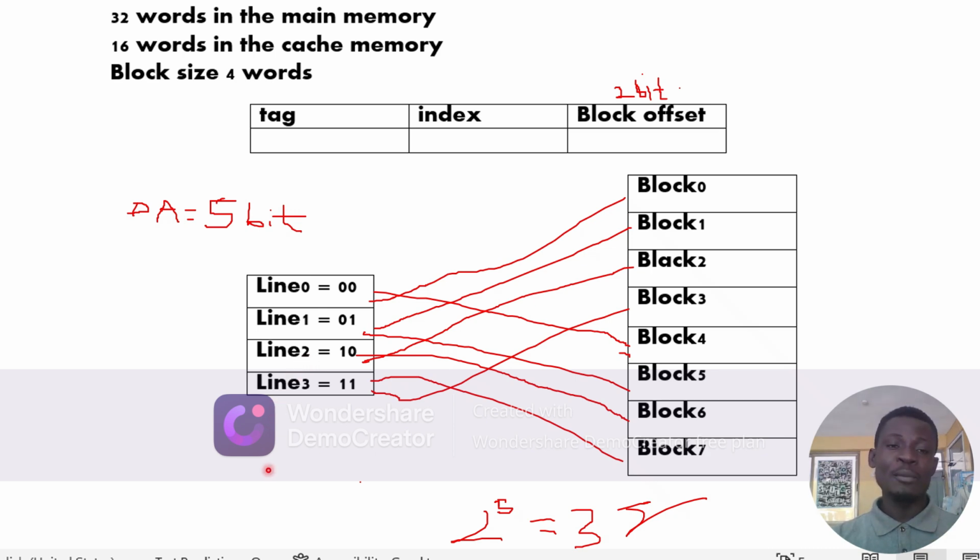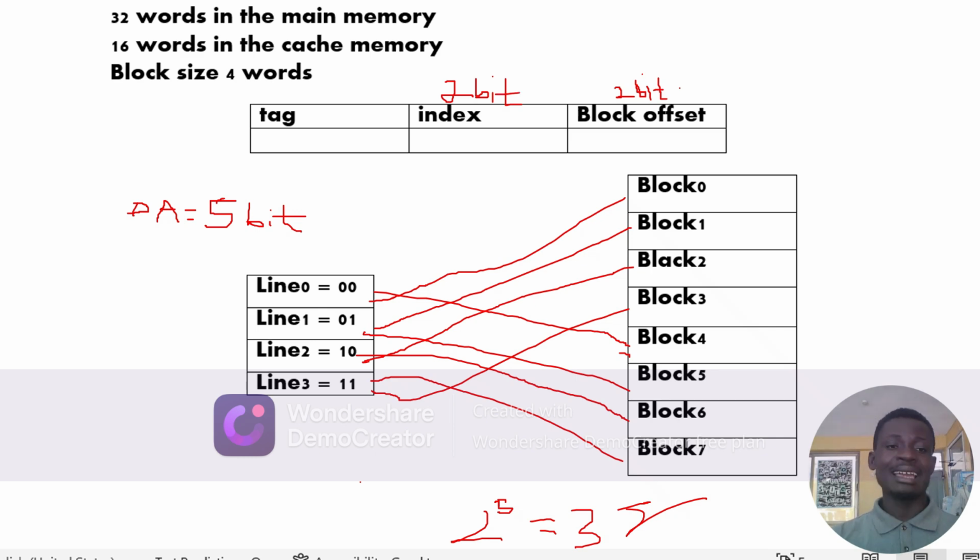What number raised to the power 2 will give us 4? It is also 2. So the index will also need 2 bits.